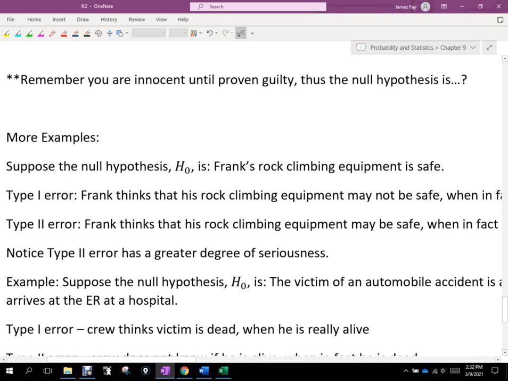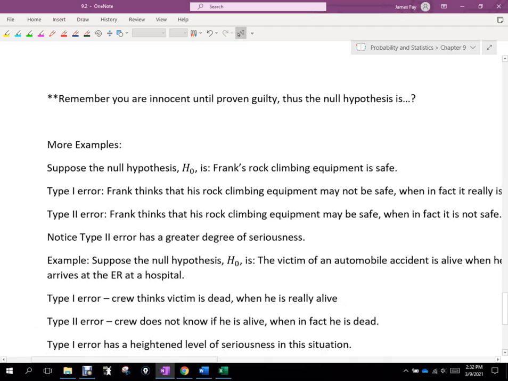Suppose the null hypothesis, H sub 0, is that Frank's rock climbing equipment is safe. He's going to make the assumption that his gear is safe. That's the null hypothesis. Type 1 error would be that Frank thinks his rock climbing equipment may not be safe, when in fact it really is safe.